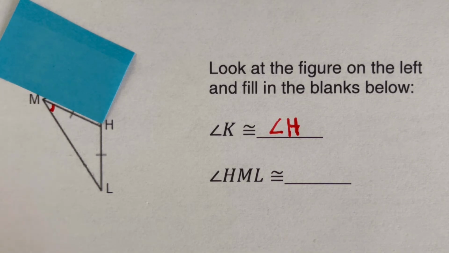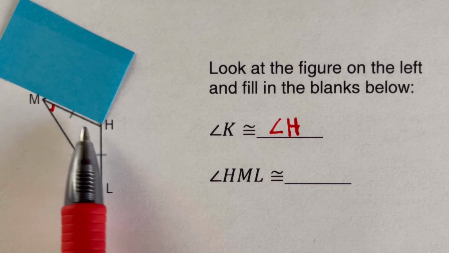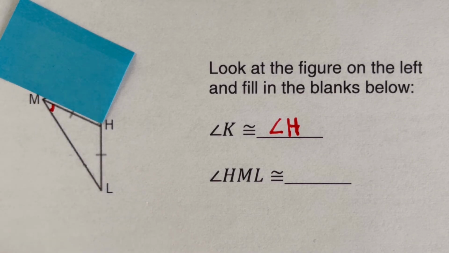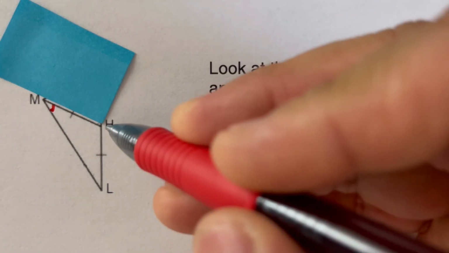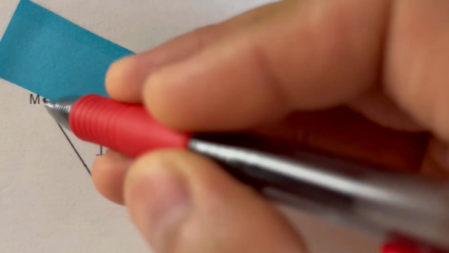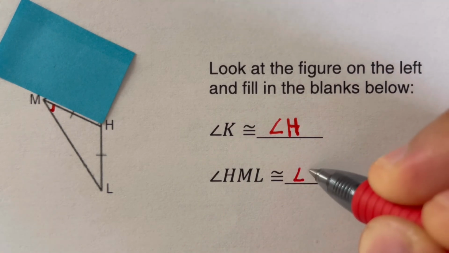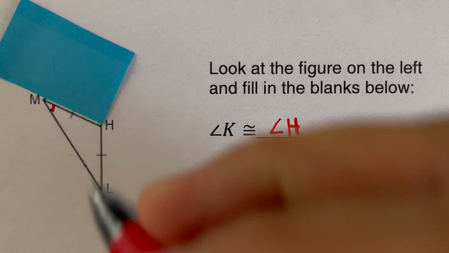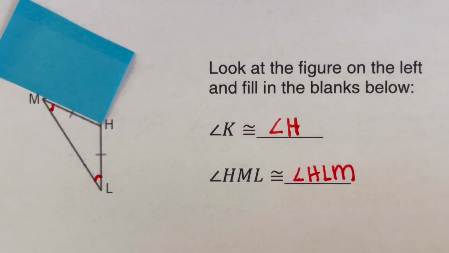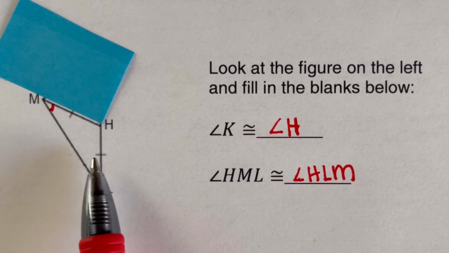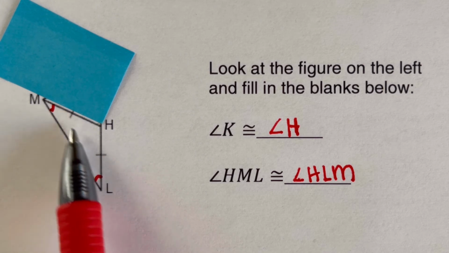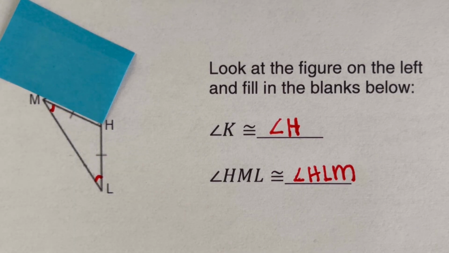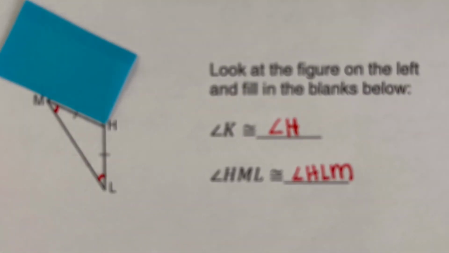We can say that angle HML is congruent to angle HLM, because again, based on the isosceles triangle theorem, if the two sides are equal, then the angles across from them would also be equal. That means these two angles here are congruent. Now let's move on to the next example.